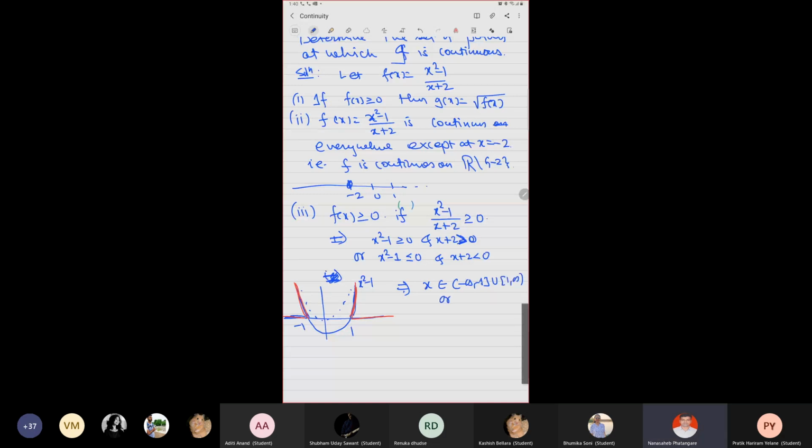What is the first condition? x square minus 1 greater than or equal to 0 means x is in minus infinity to minus 1 union 1 to infinity, and x greater than minus 2. And means the intersection.